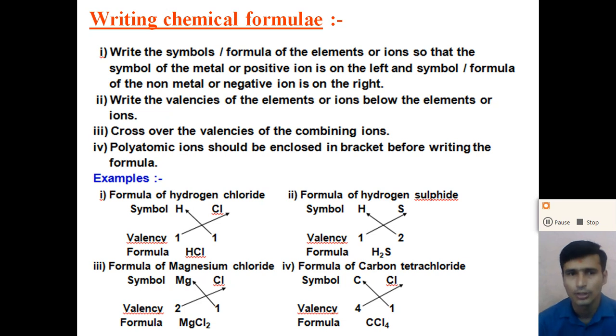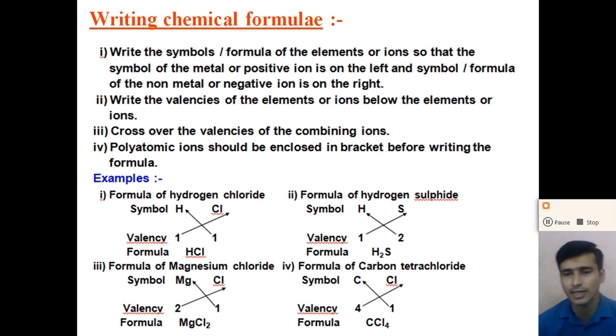The third step is to cross over the valency of the combining ions. And for the fourth step, you have to remember, if the ion is polyatomic, the polyatomic ion should be enclosed in a bracket before writing the formula. So dear students, with the help of these 4 steps, we can write the chemical formula of any compound.